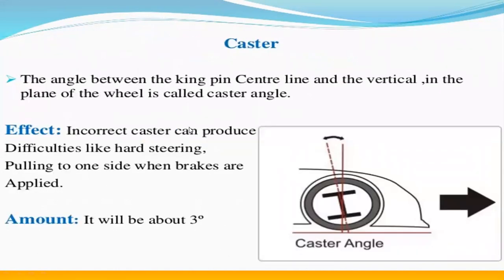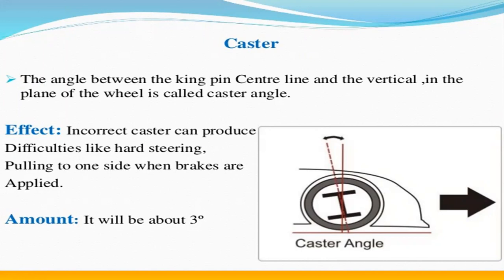Next one, what is the caster? What is the caster pin location in the automobile vehicle? What is the main purpose of this caster pin in the automobile vehicle? The caster is the tilt of the kingpin center line of the steering axis. The angle between the kingpin center line of the steering axis and the vertical, in the plane of the wheel, is called the caster angle.